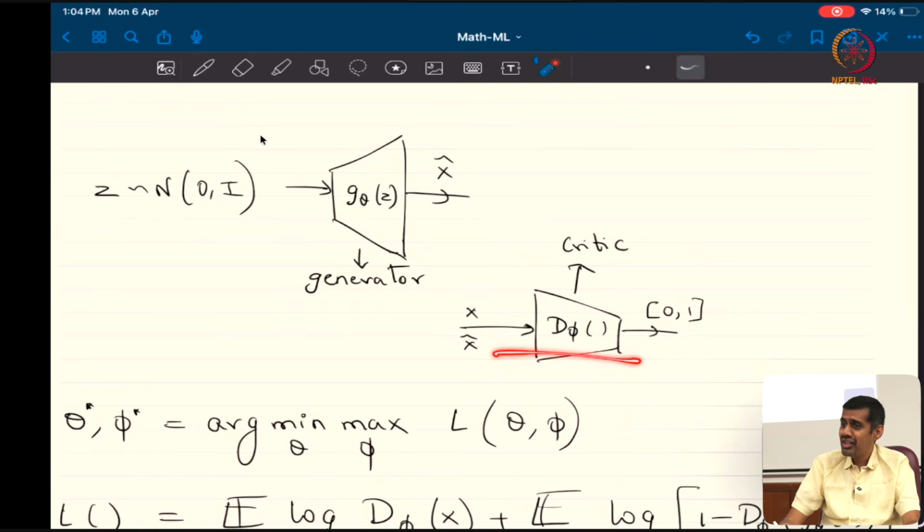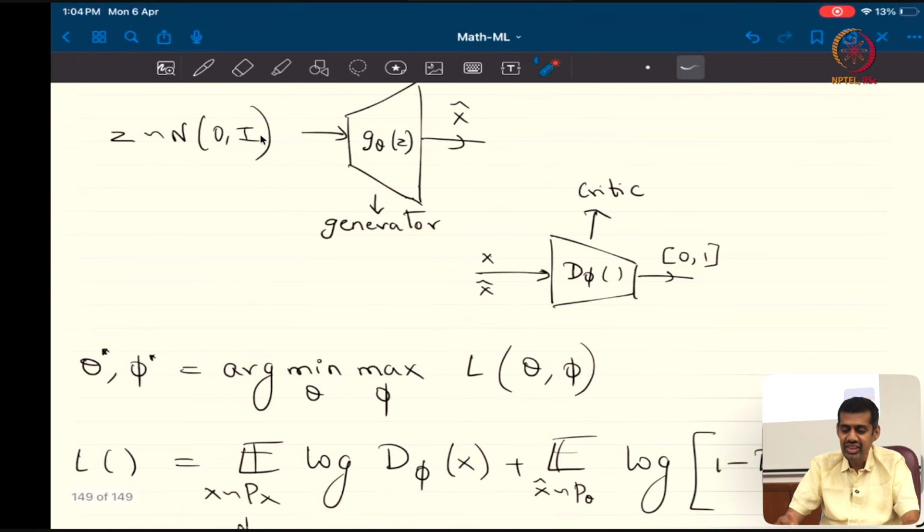So this discriminator is trying to see whether this x cap is coming from true data or not. As long as it can successfully discriminate between true data and the fake data, then this generator is not generating properly. The moment it stops being a good critique, then you have fooled it enough that you are generating from the true distribution, is the story.